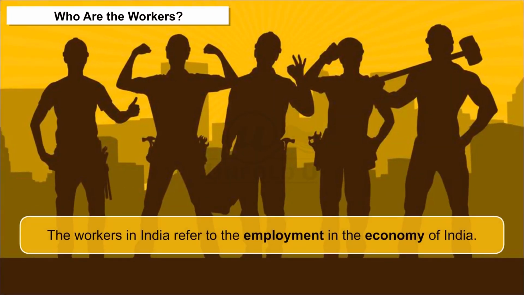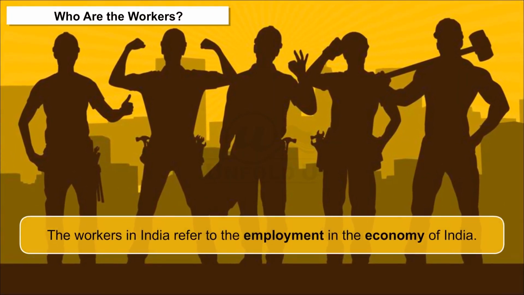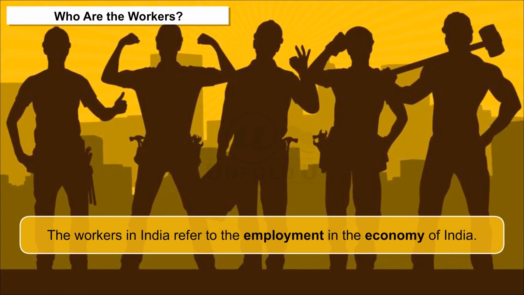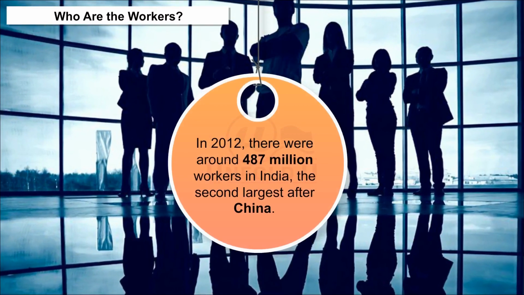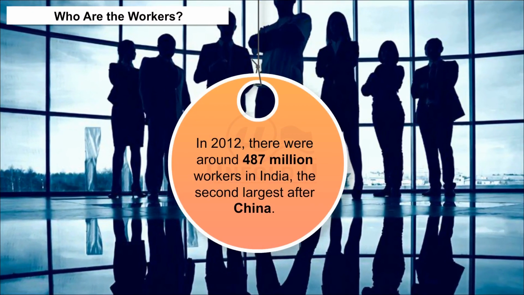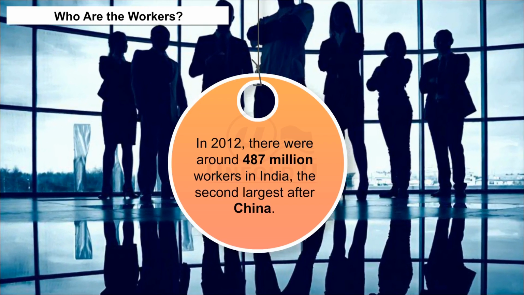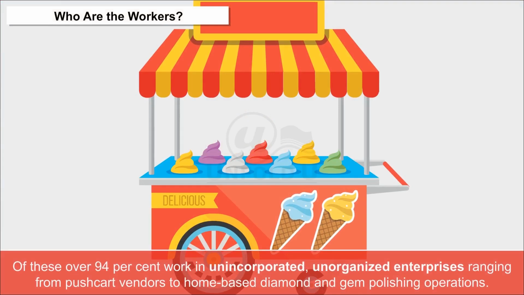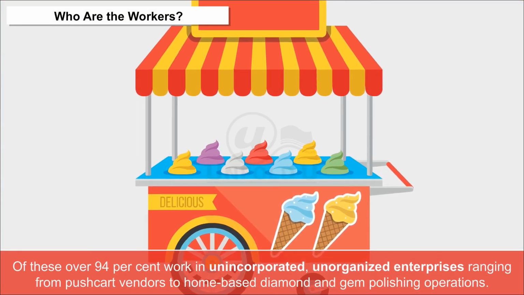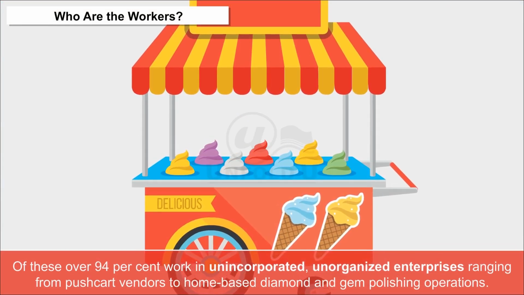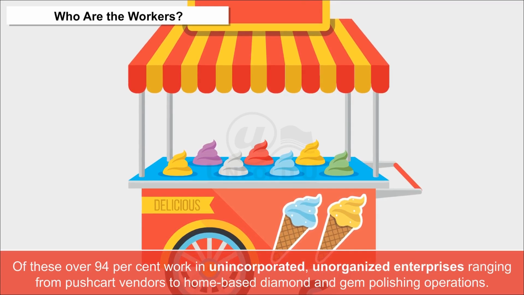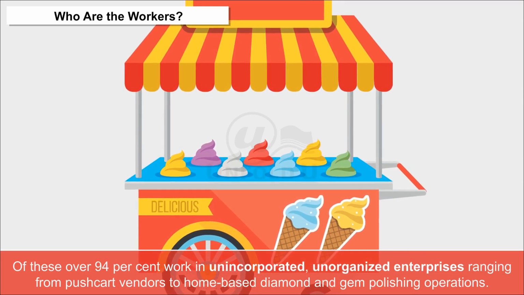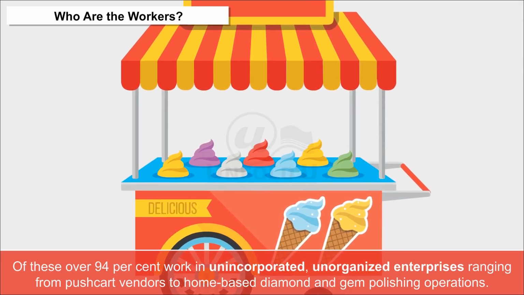The workers in India refer to the employment in the economy of India. In 2012, there were around 487 million workers in India, the second largest after China. Of these, over 94% work in unincorporated, unorganized enterprises, ranging from pushcart vendors to home-based diamond and gem polishing operations.